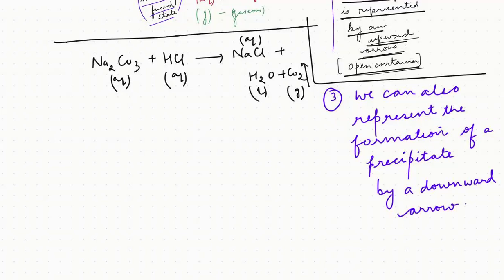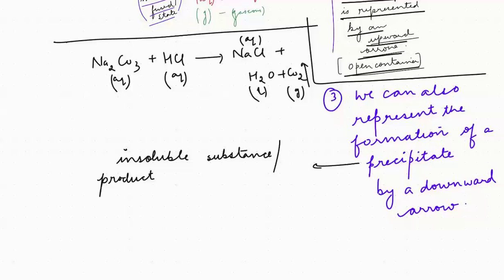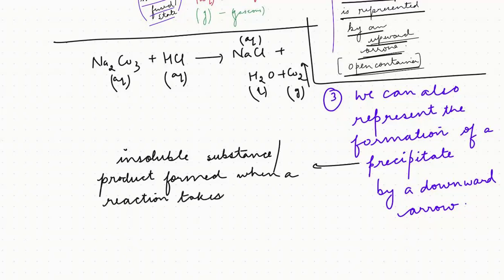What is a precipitate? A precipitate is an insoluble substance or product formed when a reaction takes place.